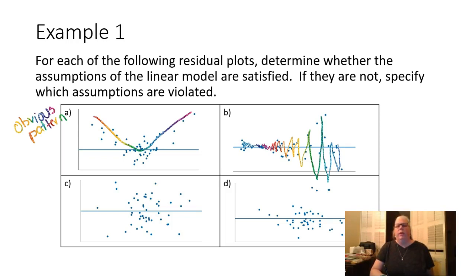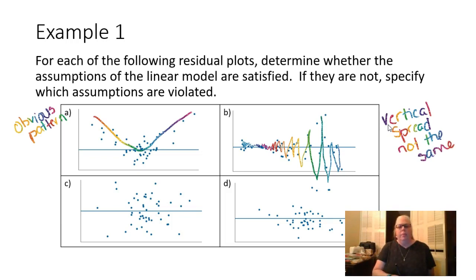This plot does not follow the assumptions for a linear model because the distance between the dots is not the same. We would say that their vertical spread is not the same. So B is no good.